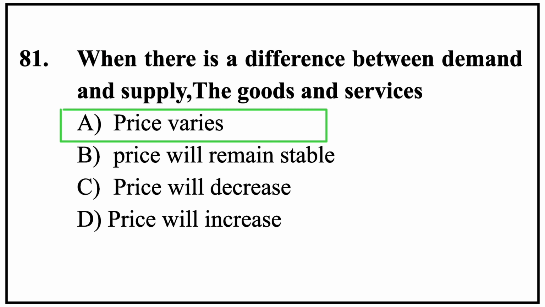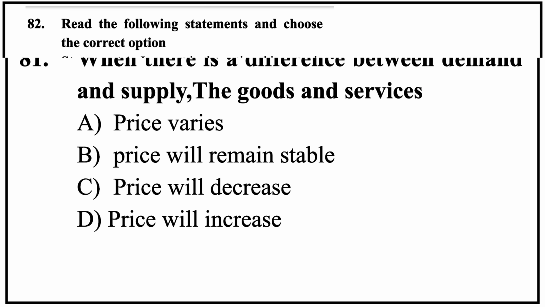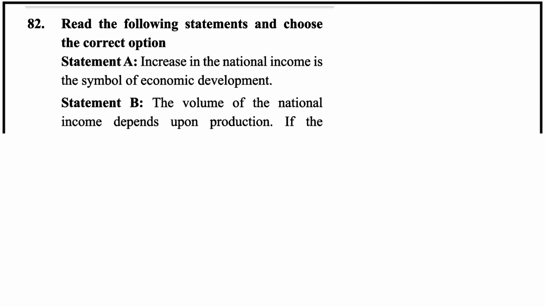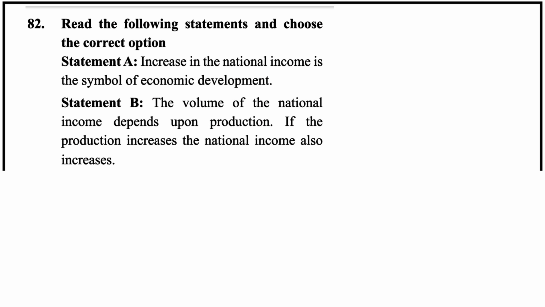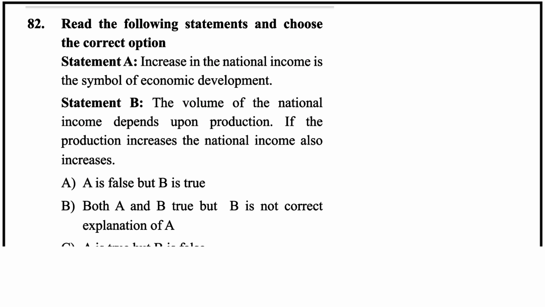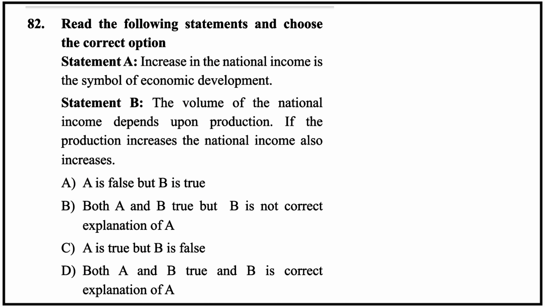Price varies. 82. Read the following statements and choose the correct option. Statement A. Increase in the national income is the symbol of economic development. Statement B. The volume of a national income depends upon production. If the production increases, the national income also increases.